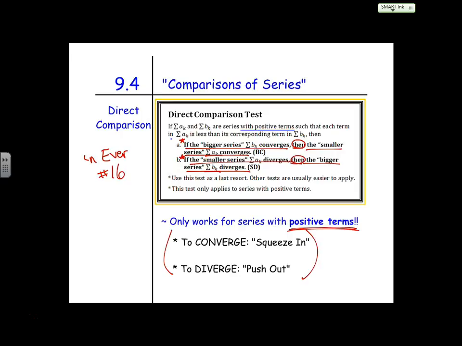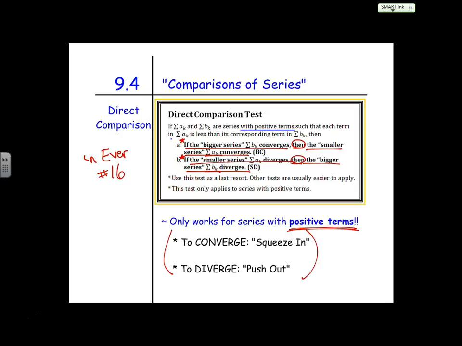Everybody look at me. Let's say this is a number line. On a number line, where are the smaller numbers or the more negative numbers? For you guys, that way, right? And for you guys, this way are the bigger numbers, right? Okay. So let's say we know the convergence or divergence of a bigger series.